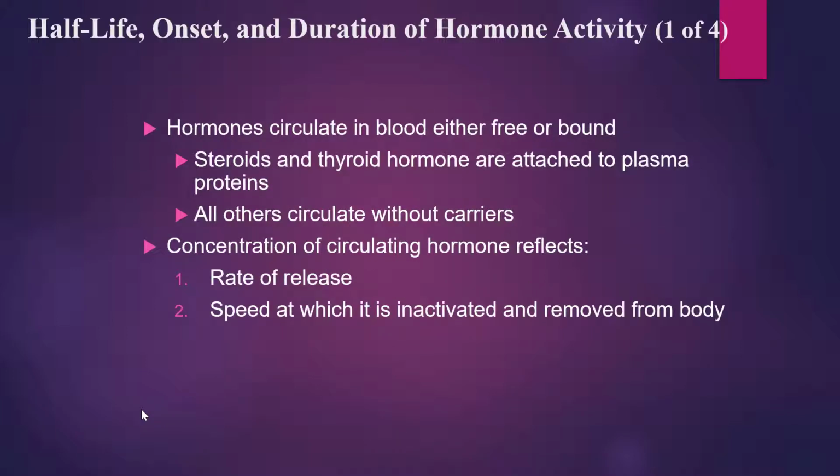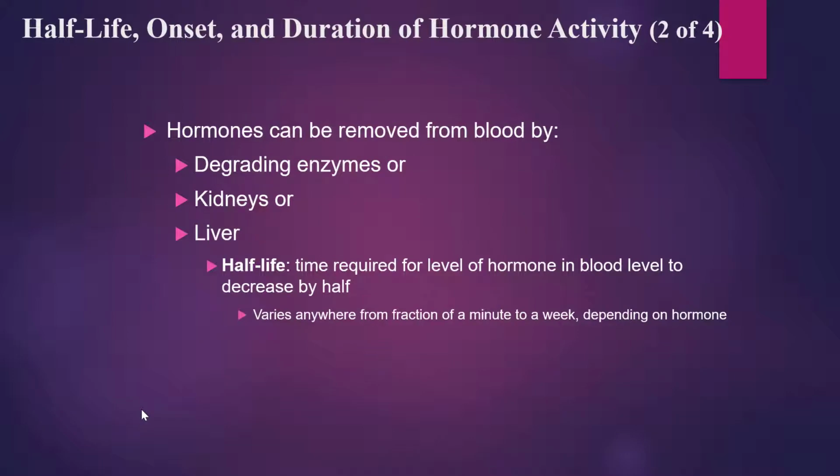So hormones circulate in the blood, either free or bound. Steroid and thyroid hormones are attached to plasma proteins, and all others circulate without carriers. The concentration of circulating hormone reflects the rate at which it is released and the speed at which it is inactivated and removed from the body.